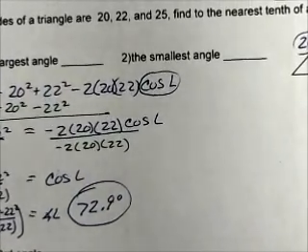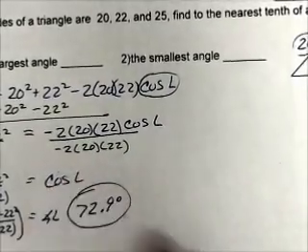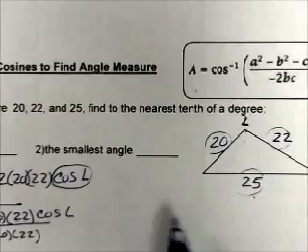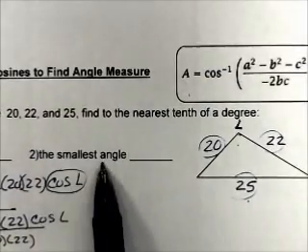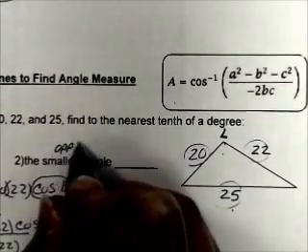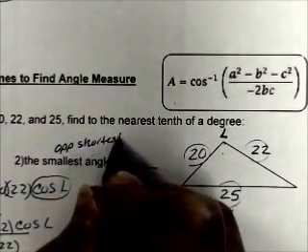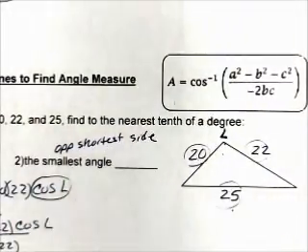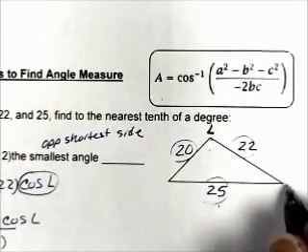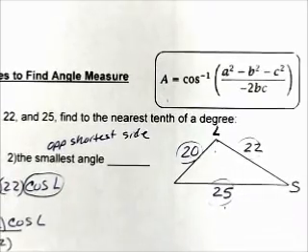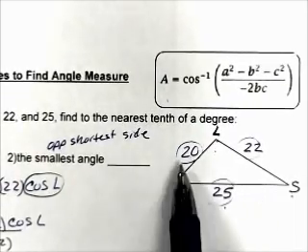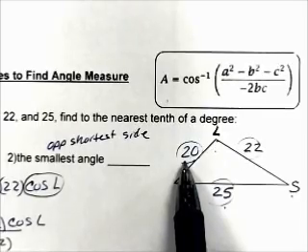And again, with practice, all of that manipulation is going to get simpler, and you'll be much faster at it. Now find the smallest angle. The smallest angle is opposite the shortest side, so opposite 20, I'm going to label this S. So we're trying to find angle S, which means we start with the side that's opposite it, the 20.